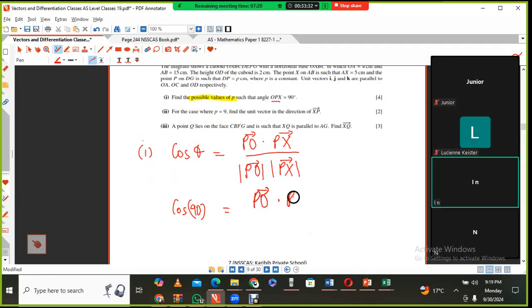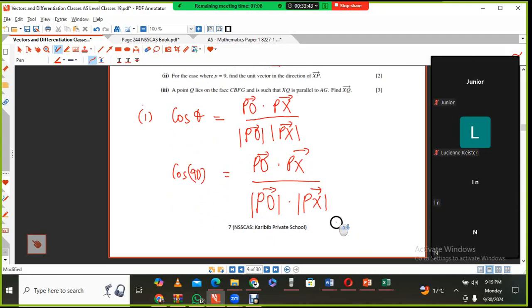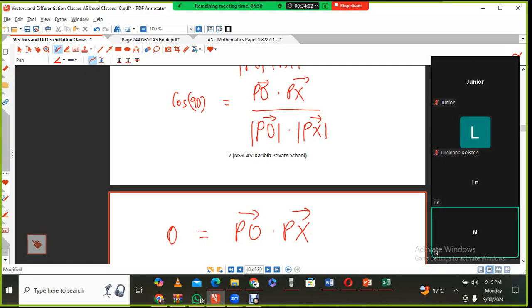So if you cross multiply, you're going to get 0 equals PO dot PX, because we're multiplying that with that. That makes sense? Okay. So how do we get PO?